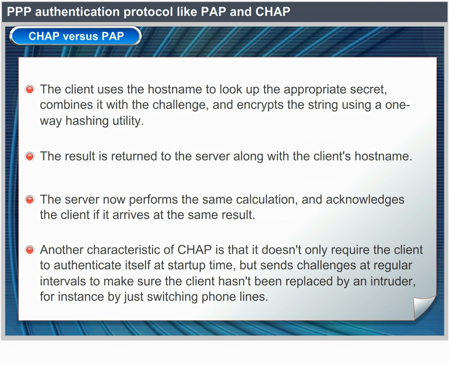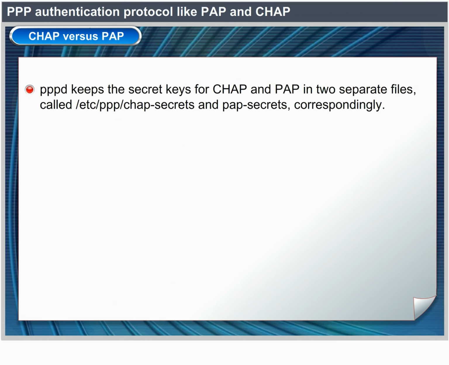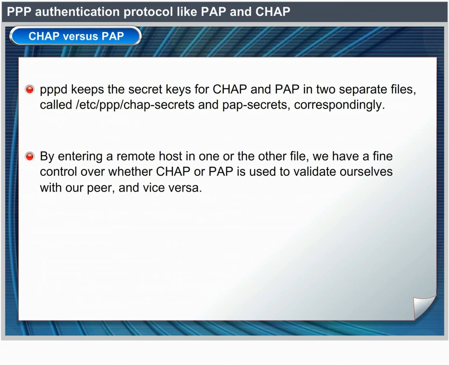PPPD keeps the secret keys for CHAP and PAP in two separate files called /etc/ppp/chap-secrets and pap-secrets, respectively. By entering a remote host in one or the other file, we have fine control over whether CHAP or PAP is used to authenticate ourselves with our peer and vice versa.